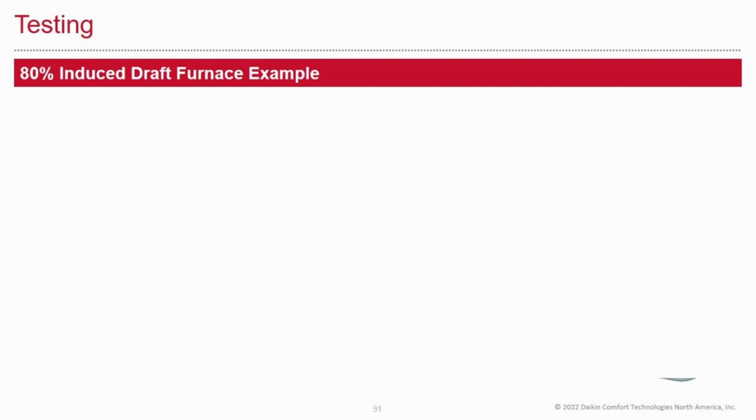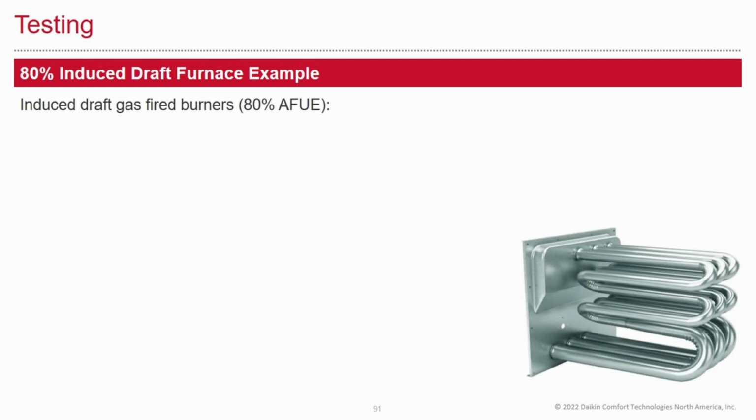80% induced draft furnace example. Induced draft gas-fired burners in the 80% AFUE category. Efficiency 80 to 82%. Oxygen 7 to 9%. Carbon dioxide 6.5 to 8%.